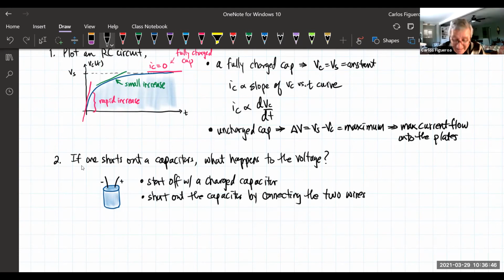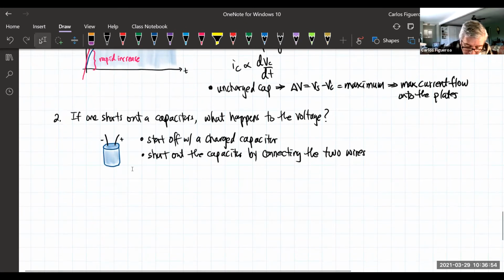And so what actually happens when you do that? Well, if I look at the current flow, the question is this: if I do that, then I want to look at the limit of IC as delta t goes to 0.